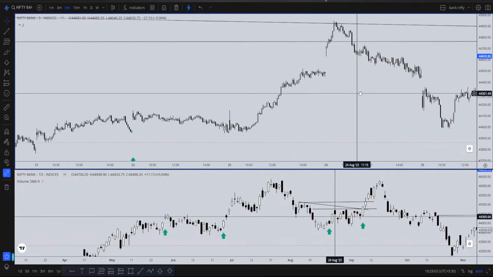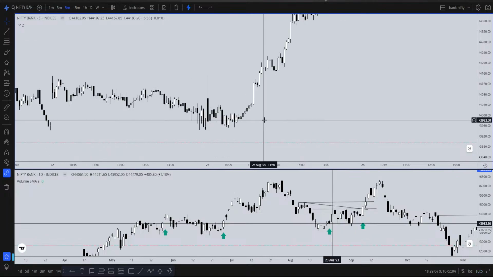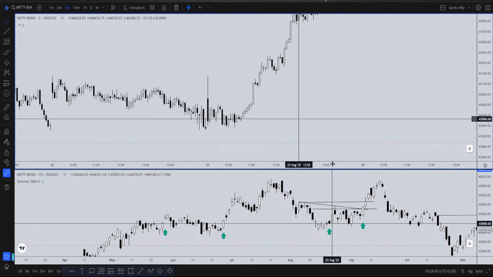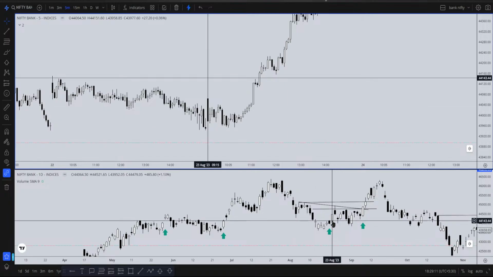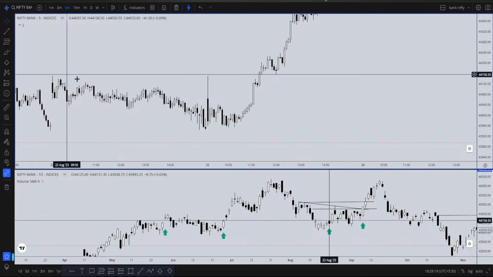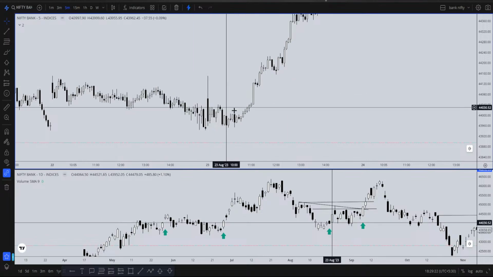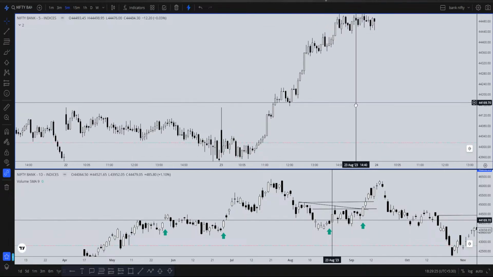Okay, this is pretty much natural to happen. I think this is totally fine. This must be the range boundary. Yeah, this is the range boundary, and I think it broke very naturally. It came down, there was a trend line over here, and then it easily broke the trend line and then gave the breakout. It's fine.